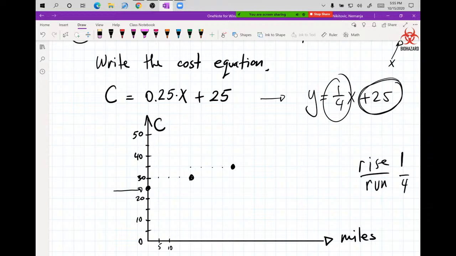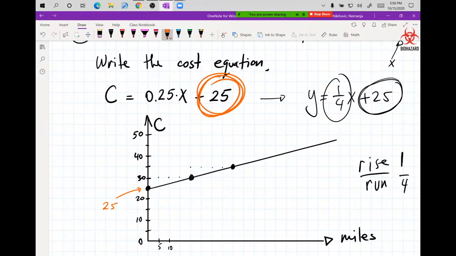Awesome. So now the line, we start at, let me put the orange 25 right there because that's our y-intercept. And then we count 1 up, which will go into 30, and then 4 over. Now, the x-axis will have the same numbers as the y-axis.